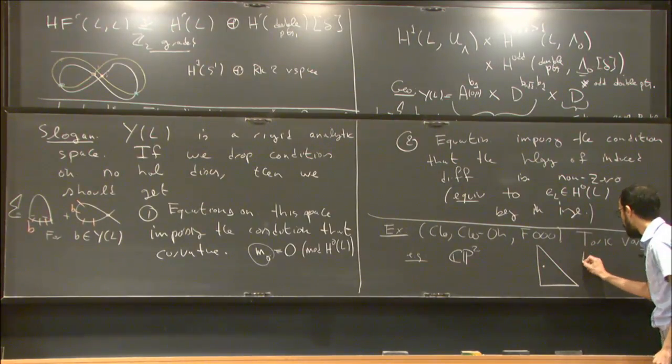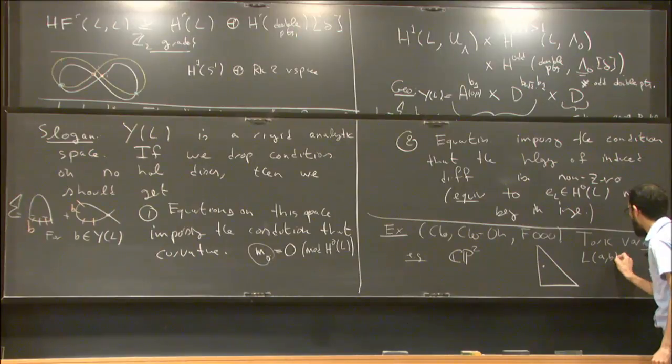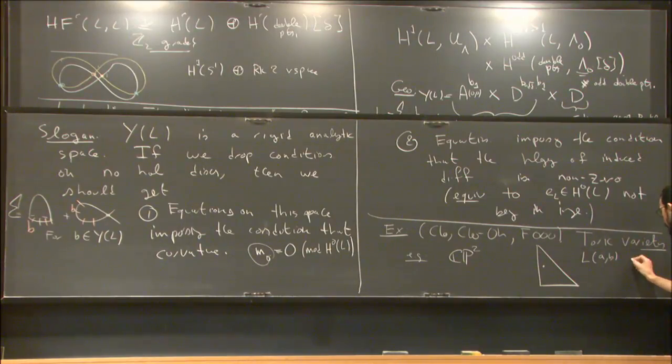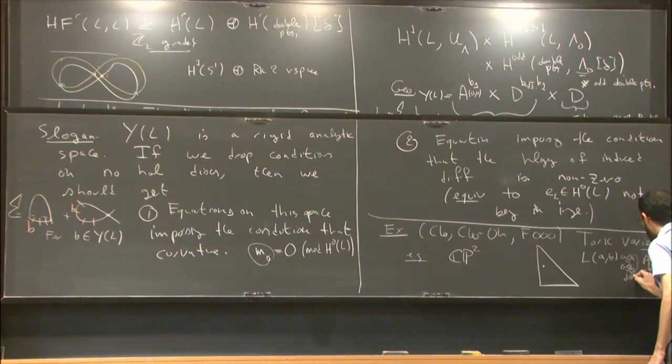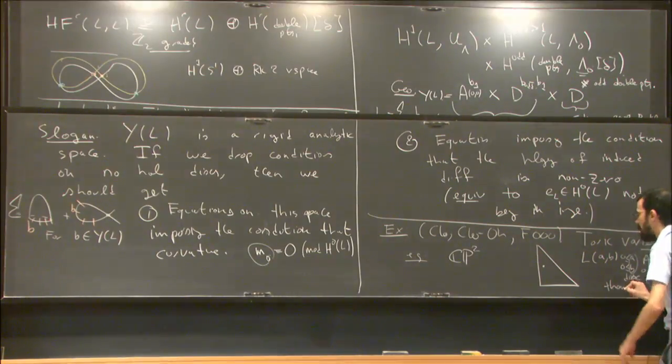And in fact, the other thing you could do is you could parameterize L_{a,b} with a greater than or equal to 0, b greater than or equal to 0. And these, I want them to be the area of a disk passing through, Maslov 2 disk, I should say.